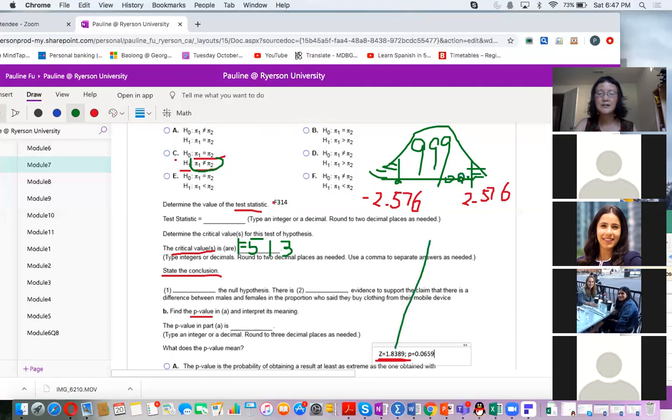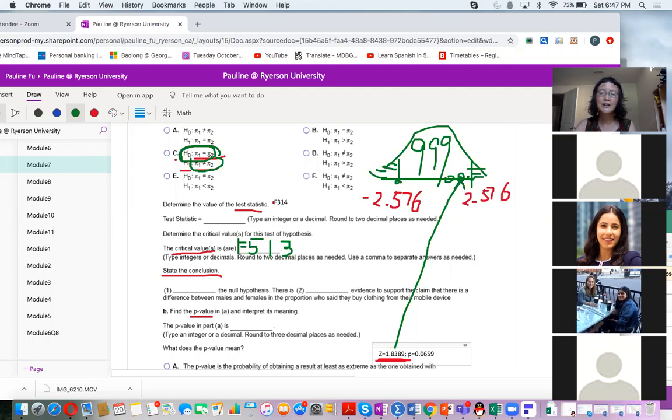In other words, your test statistic is not in the rejection region. So your conclusion, do not reject H0. So what is H0? This is H0, see? Population 1 proportion equal to population 2 proportion. Okay, that is the conclusion.